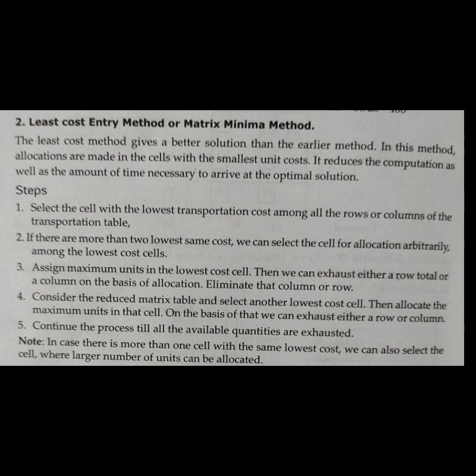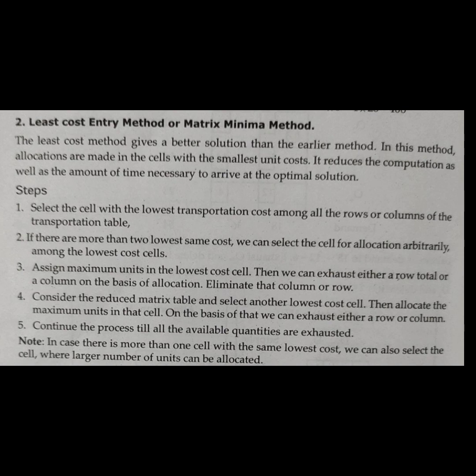The third step is to assign the maximum units in the lowest cost cell. Then we exhaust either a row total or a column total on the basis of the allocation. Eliminate that column or row.